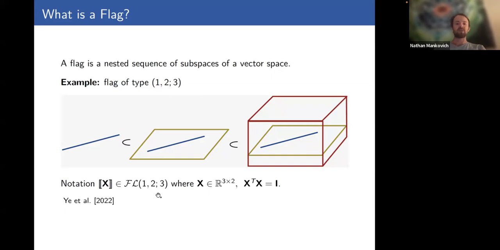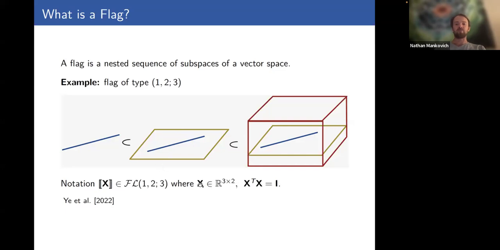But for notation, I use a tall, skinny matrix with orthonormal columns whose basis vectors span the biggest subspace here, this yellow plane.